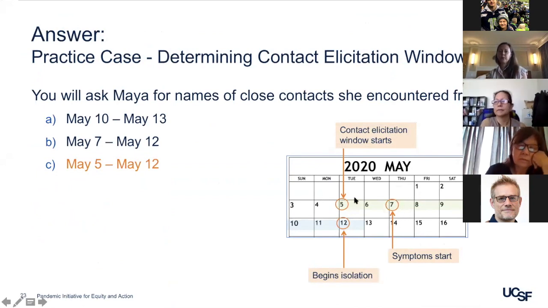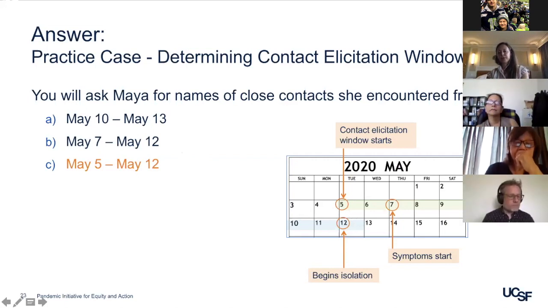Those of you who selected B, don't forget that we want to take 2 days before the symptom onset date as the beginning of our contact elicitation window. And also, if there were no symptoms, we would have used the test date, but we always want to go those 2 days prior to symptom onset or test date. So that window begins on the 5th of May. And then it looks like everyone understood that when she began isolation on the 12th, the contact elicitation window finished.